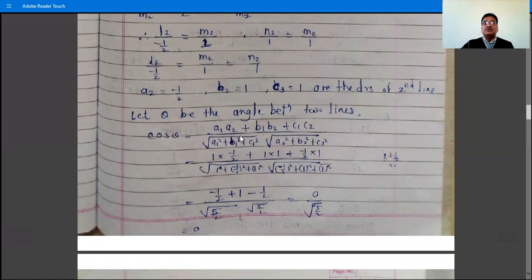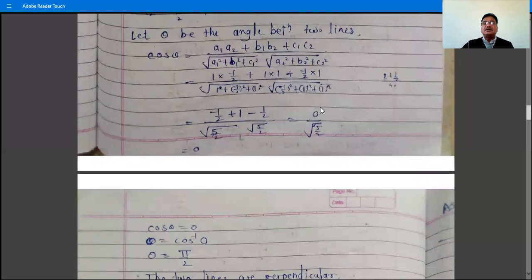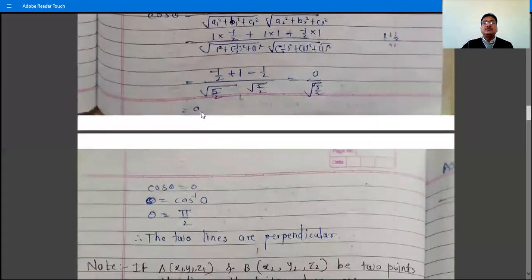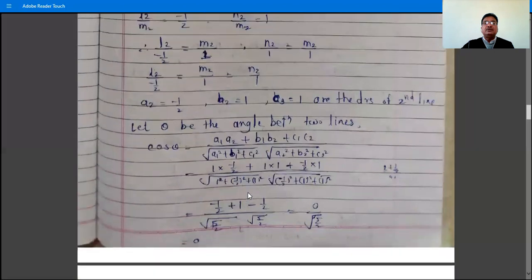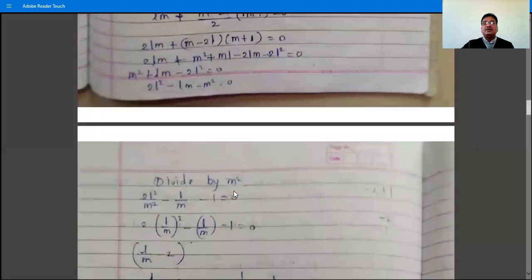Substituting the values of A1, B1, C1 and A2, B2, C2, we get 0 divided by root 5 by 2, which is 0. Therefore cos theta is 0, which means theta is cos inverse 0, and therefore theta is pi by 2. So the angle between the given two lines is pi by 2, that is 90 degrees.